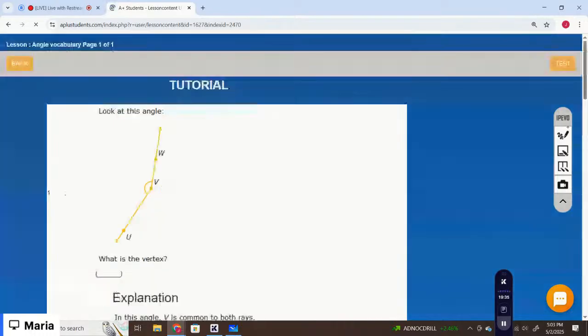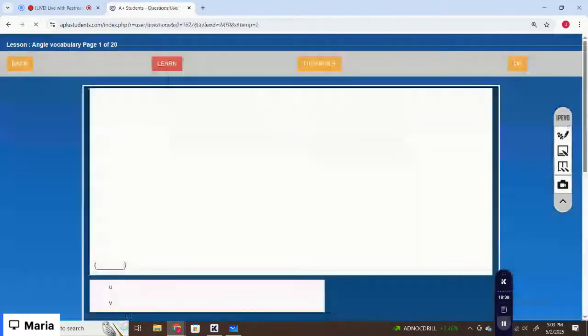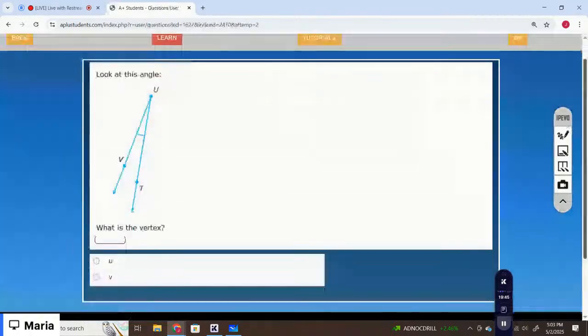Let's just start with each question. Look at this angle. What is the vertex? Vertex is the one that is common for both ways. So which is the correct option? So U is the vertex.